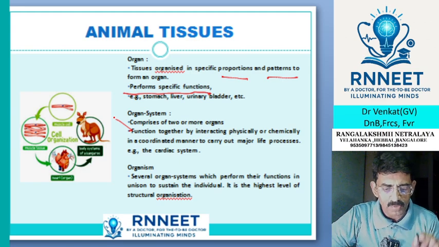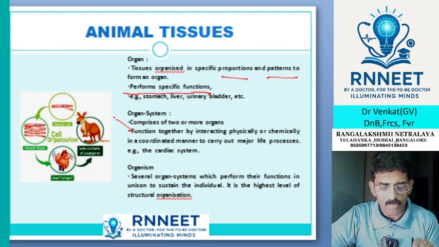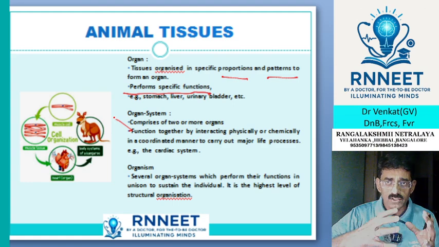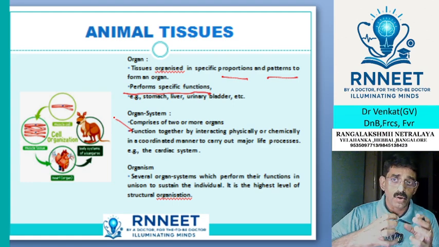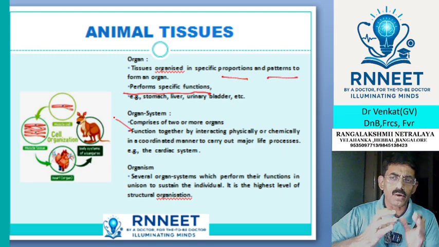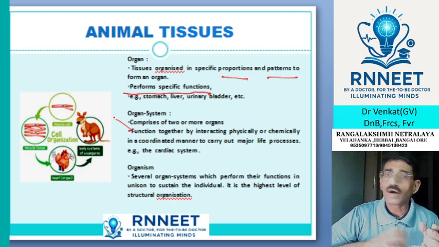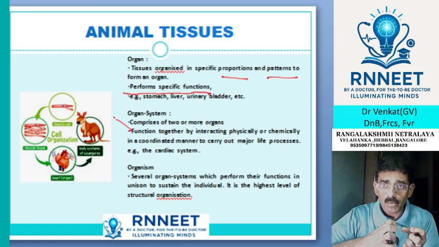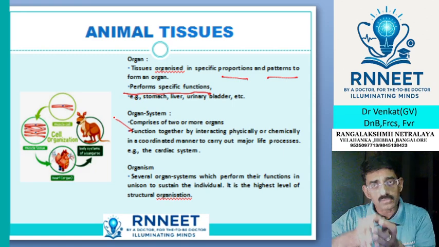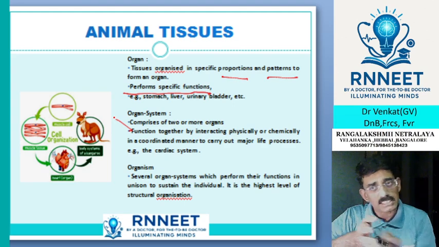So if there is a specific interaction between them, there are two organs, they have to work together. Okay, so for example, if I want to say a simple two organs which actually work together, the heart and the lung. Correct? So when the heart pumps, basically the blood moves, comes to the lung, purifies, gets back to the heart.